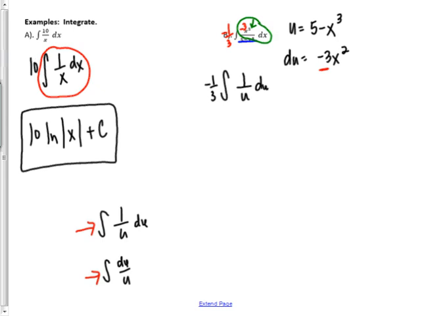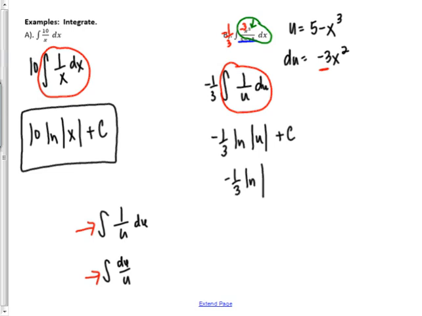And so just like before, you want to memorize the integral of 1 over u du is equal to the natural log of the absolute value of u. So this is going to be, bring down that negative 1/3 times the natural log of the absolute value of u plus c. And remember, from u substitution, don't forget to switch it back over to whatever your variable was. We had x before, so 5 minus x cubed plus c.